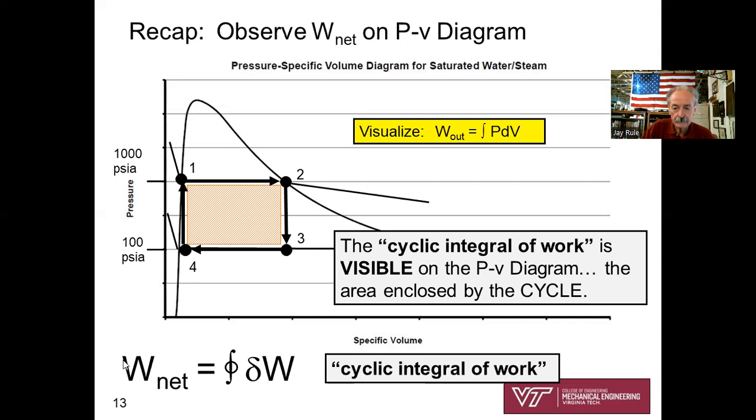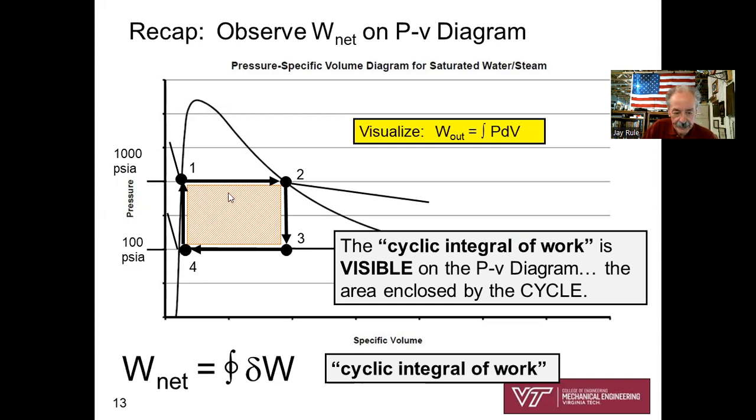What I call it traditionally is W net, the net work produced by the cycles. Remember, we had a big number here, a rectangle, and a negative number here, a smaller rectangle. And if you do some thinking, you can determine that the area bounded by this cycle is the net work.